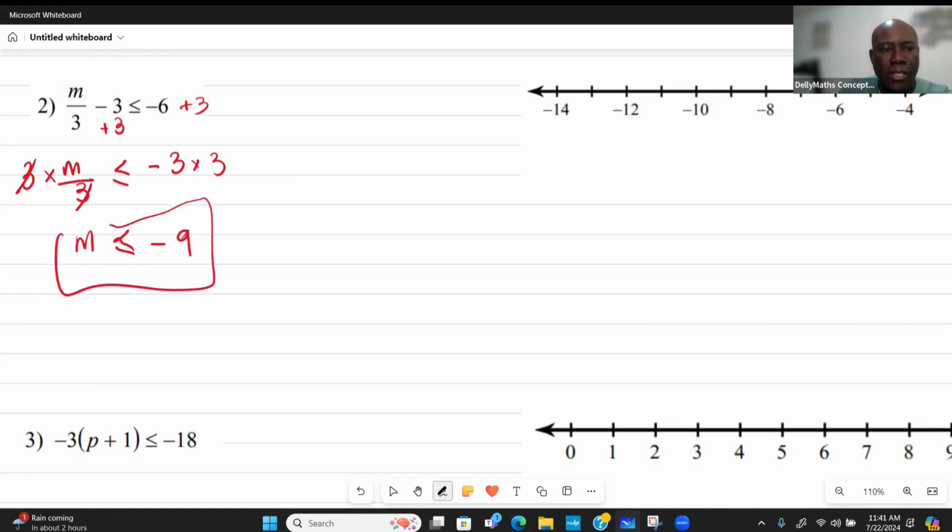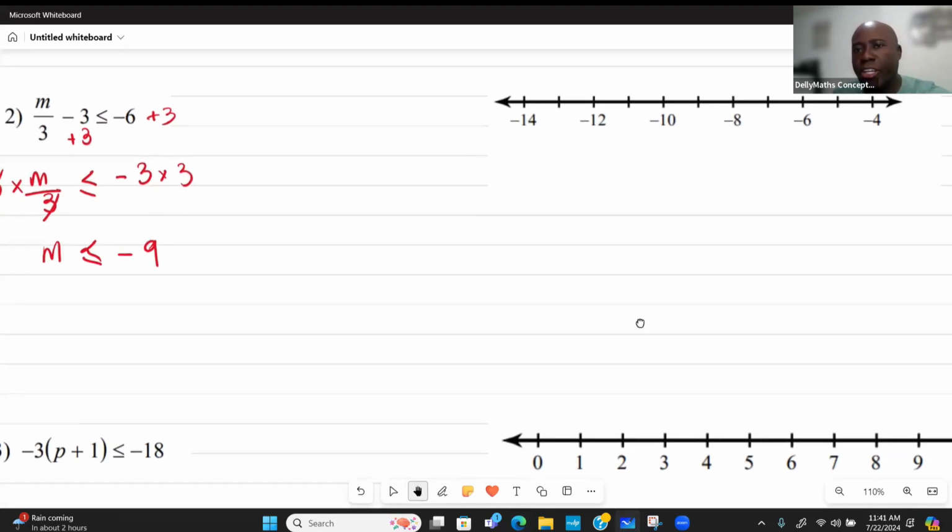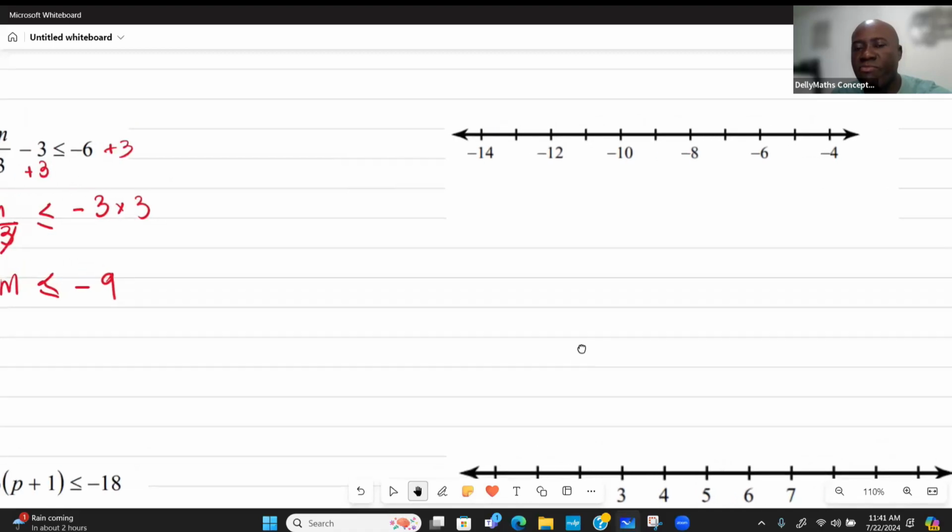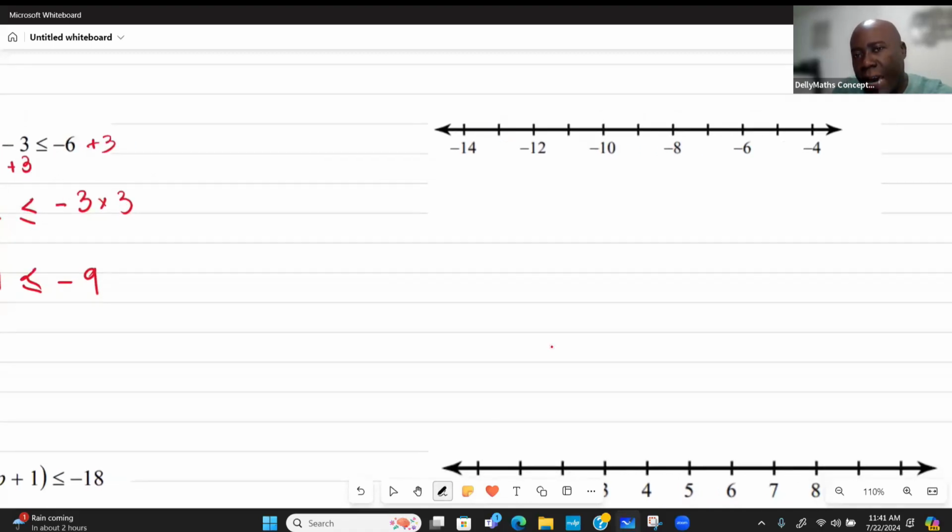So let's focus on this. What we want to represent now on our number line is that m is less than or equal to -9. So let's put this on the number line here. So here it is, I'll have -9 right here. Now, because what we have is that m is less than or equal to -9, because the bar is under my inequality, that means I'm going to have a closed circle here at -9.